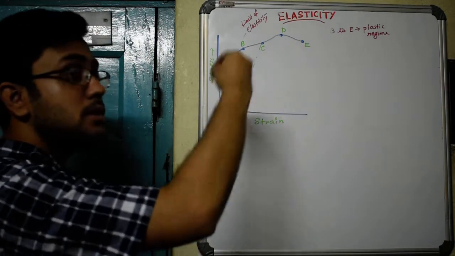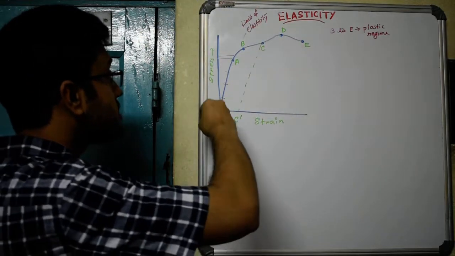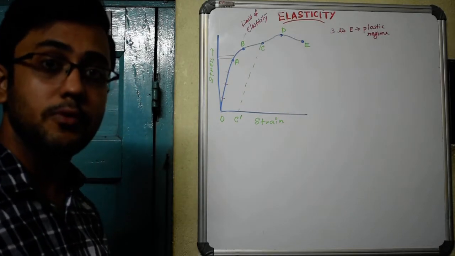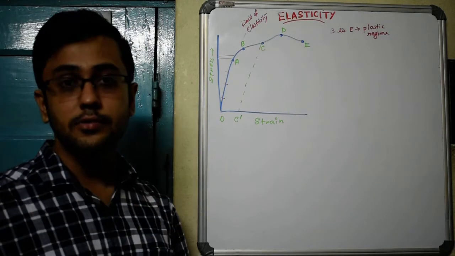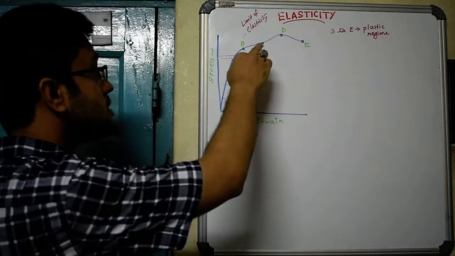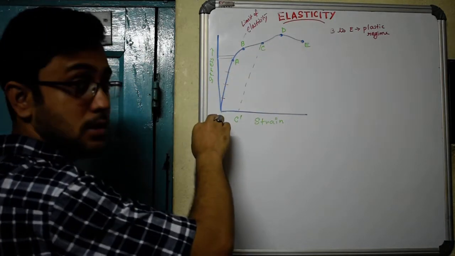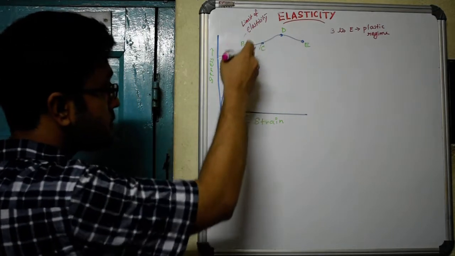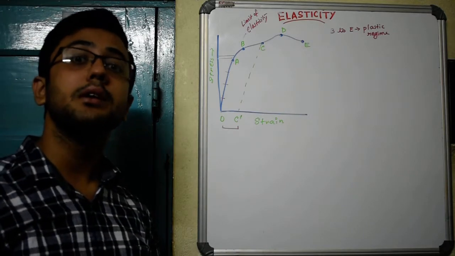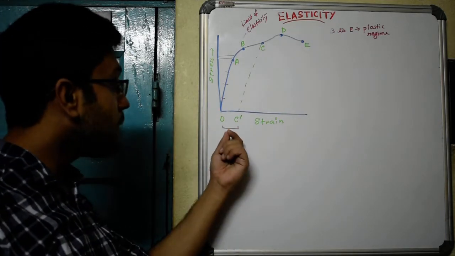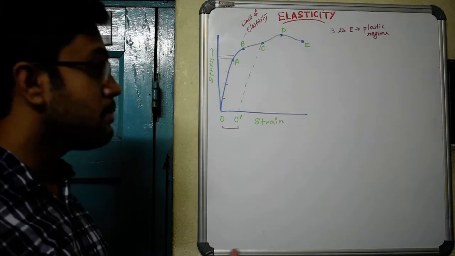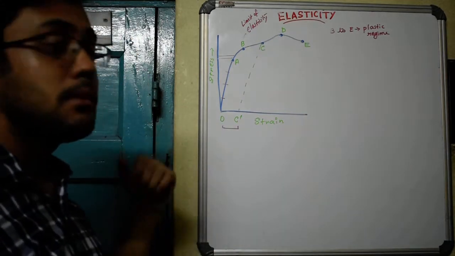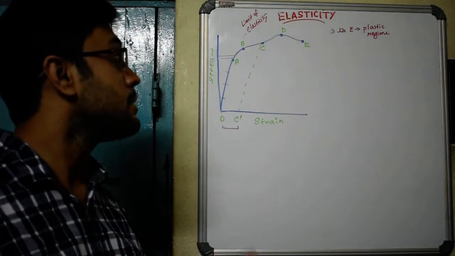That means if I keep on increasing the stress and the value of stress reaches, suppose, the point C, that is the amount of stress which has been developed within the wire, then if the external force is removed and the stress again becomes 0, the strain does not become 0. The strain becomes OC dash. It comes down along this straight line. That means there is a permanent deformation in the wire. There will be a permanent increase in its length. And that basically means that it is no longer within the elastic limit. It is not coming back or regaining its original dimensions.